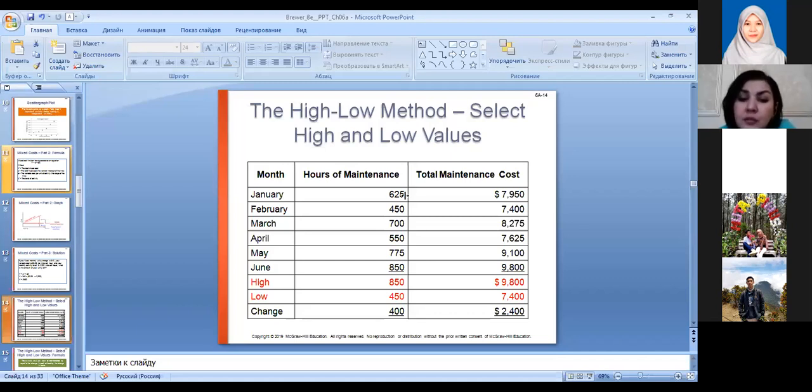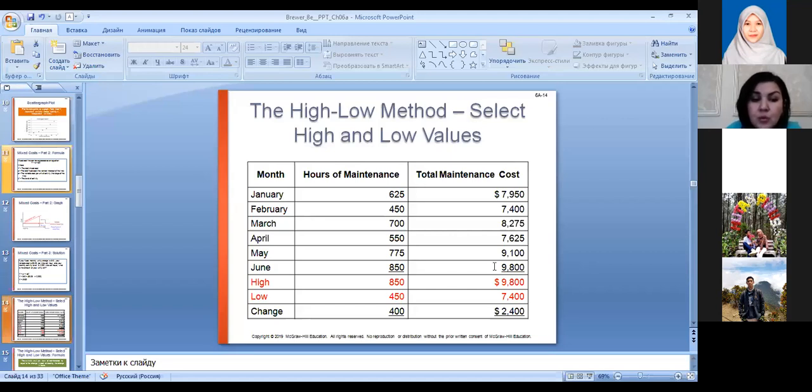And we have corresponding costs. For January, the total maintenance cost was 7,950. For February 7,400, and so on, up to June. For June, it's 9,800 total maintenance cost.